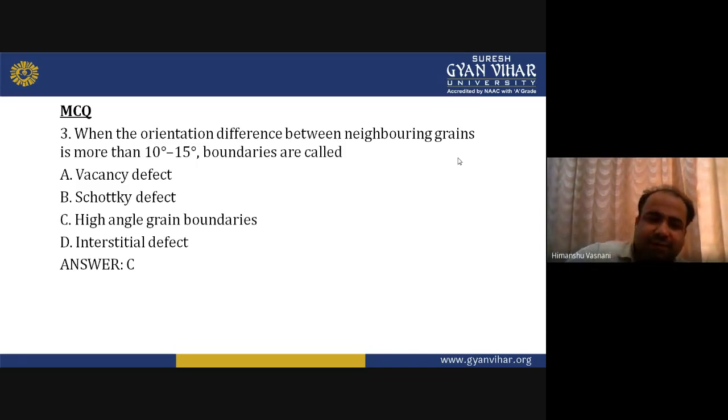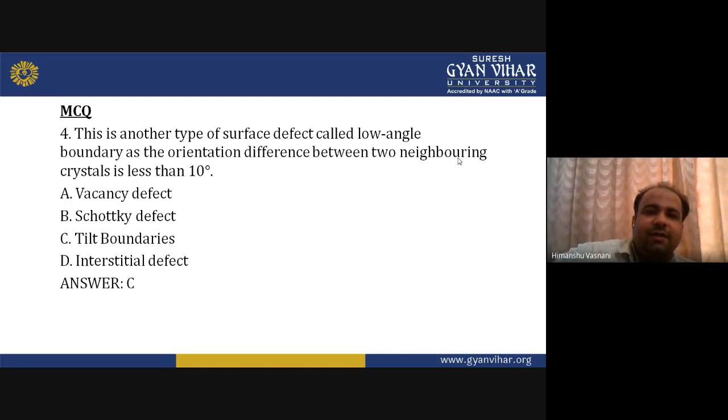Then the fourth question: this is another type of surface defect called a low angle boundary, as the orientation difference between two neighboring crystals is less than 10 degrees. So this is called a tilt boundary. I've shown you tilt boundaries with the help of a diagram also.